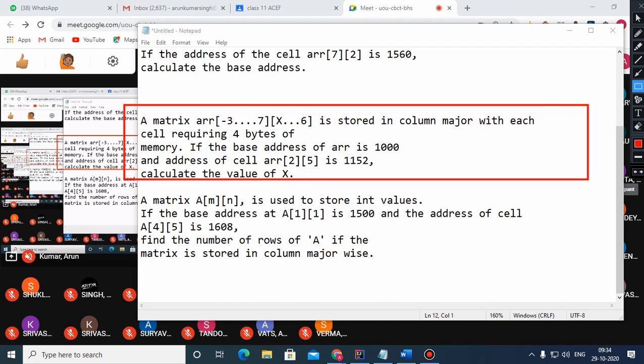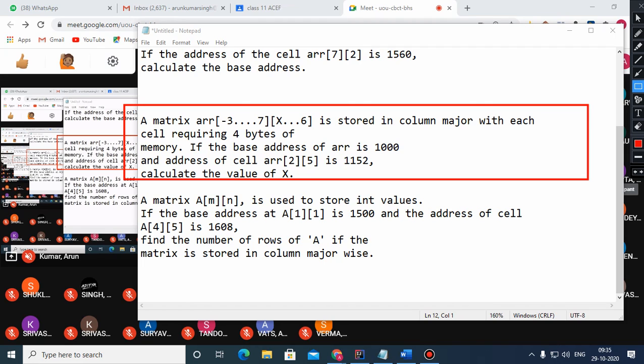A matrix ARR minus 3 dot dot 7 comma x dot dot 6 is stored in column measure, and each cell requires 4 bytes of memory. The base address of the ARR is given, and the address of the cell ARR 2, 5 is also given.